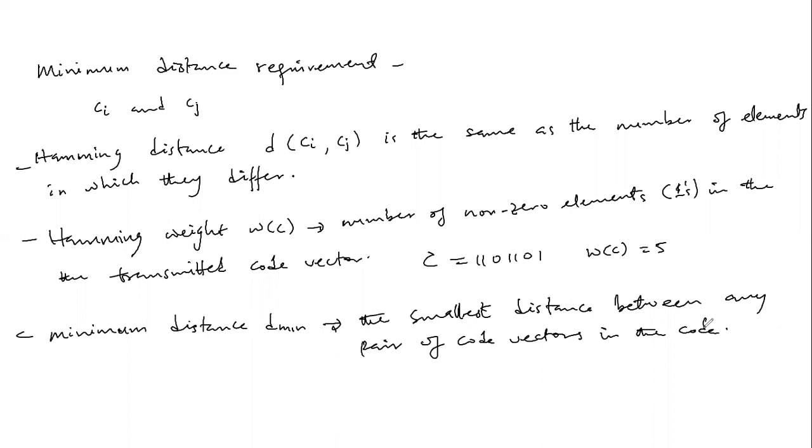Now, the minimum distance of a linear block code is an important parameter of the code since it determines the error correcting capability of the code. So the minimum distance determines the error correcting capability of the code.